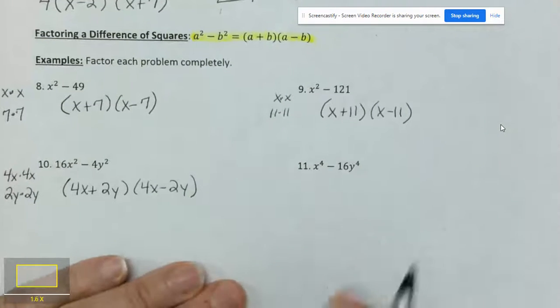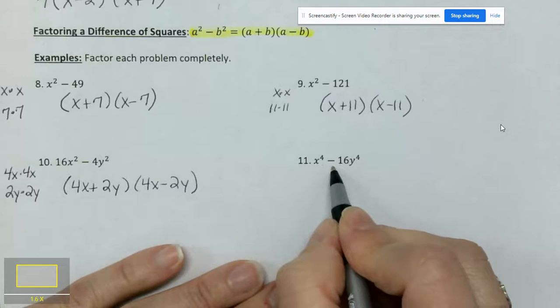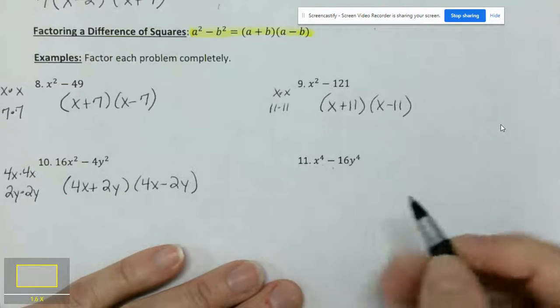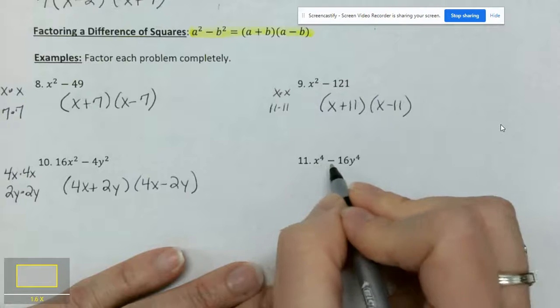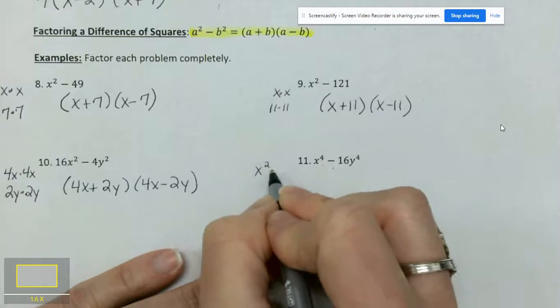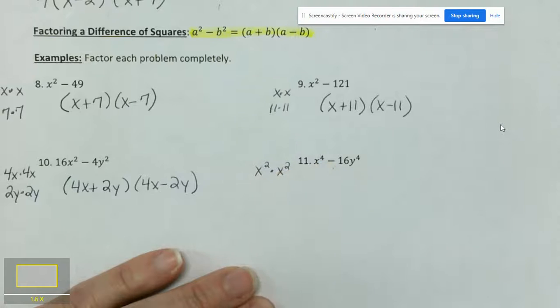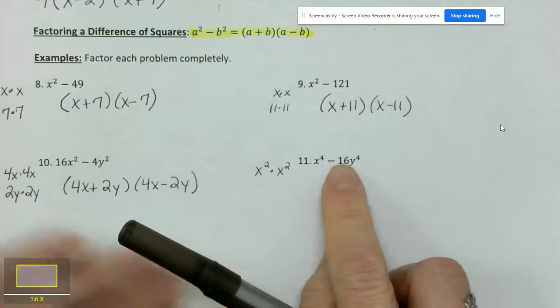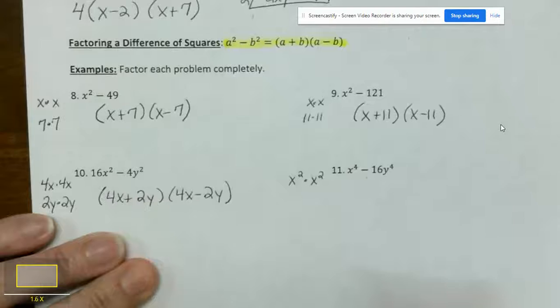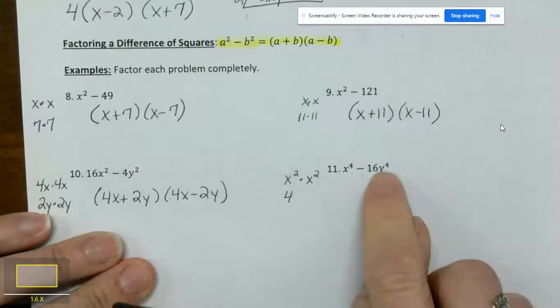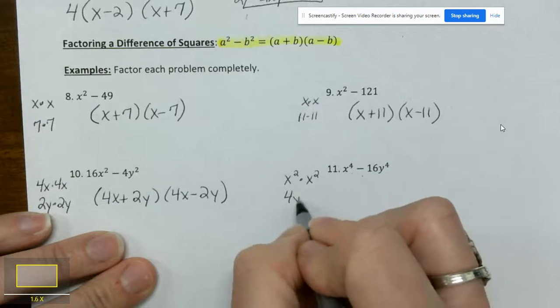Okay, last one. X to the fourth minus 16y to the fourth. All right, to get x to the fourth, that's going to be x squared times x squared, because you add those two exponents, 2 plus 2, to give you 4. And then we just did the square root of 16 over here. We know that's 4. And since this is y to the fourth, that's going to be y squared.